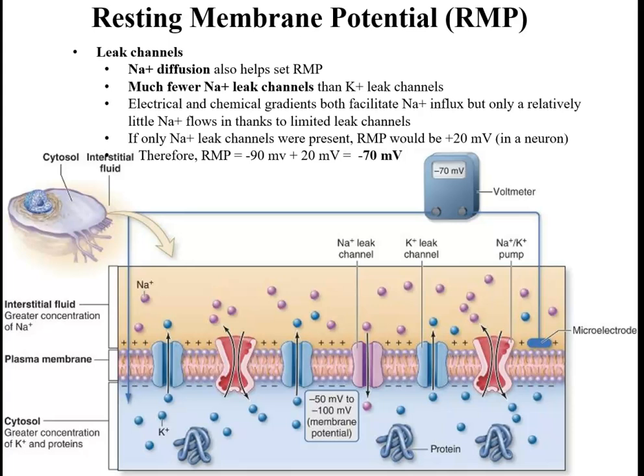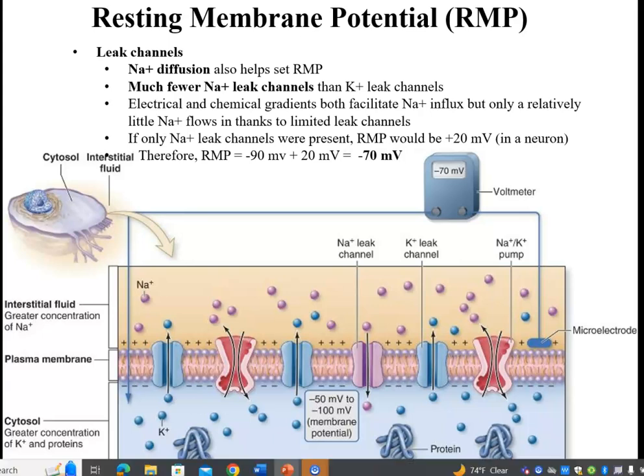So only a little bit of sodium leaks in, and its resting membrane potential, if there were only sodium leak channels, would be positive 20 millivolts in a neuron. So when you add this positive 20 and the negative 90, you get a resting membrane potential of negative 70 millivolts in neurons.